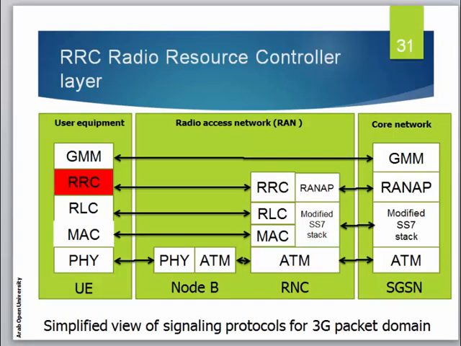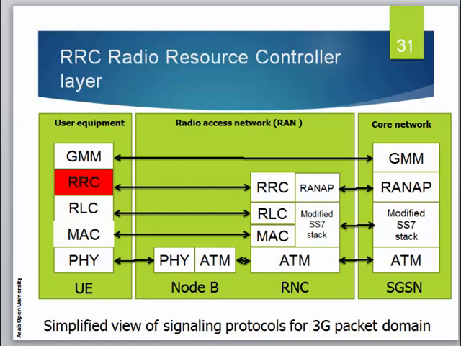For the RRC protocol, this term came from Radio Resource Controller. This protocol handles most of the major functions in the radio access network, the RAN, including number 1, setting up of physical radio channels, reconfiguring and re-establishing radio peers.